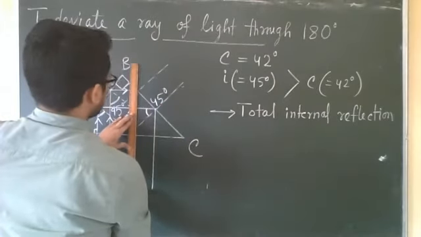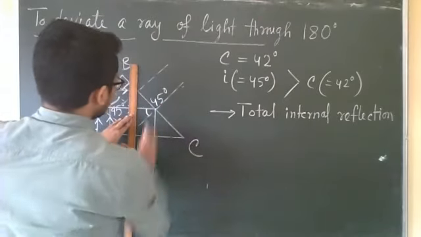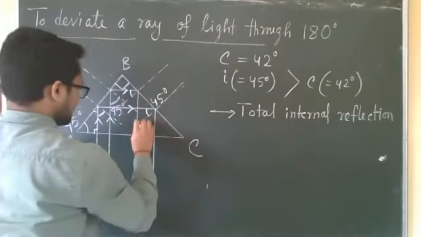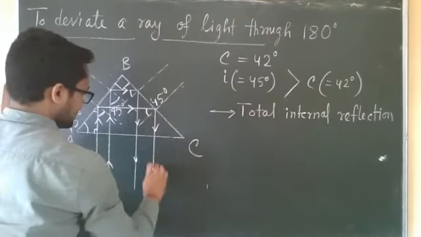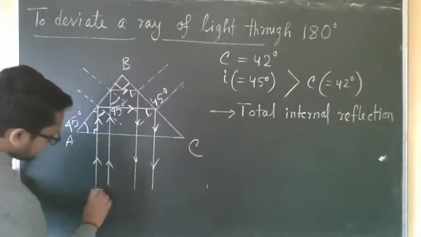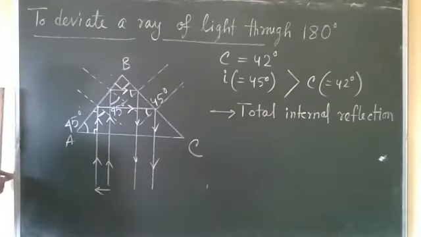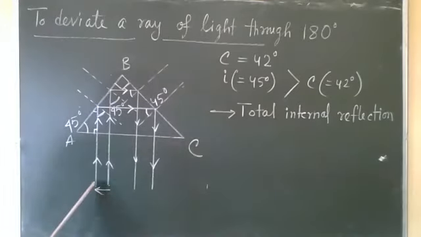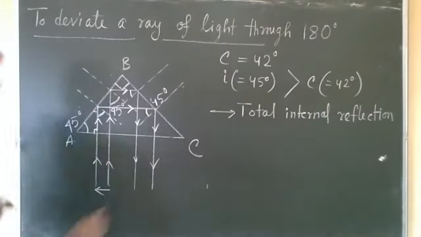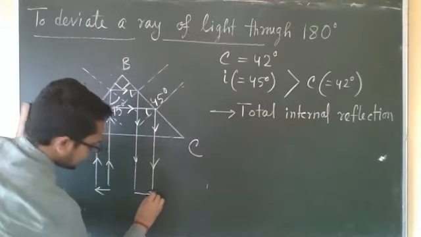At surface AC it will come back and be incident along the normal, and it will go out without any deviation. So if the object is like this, this line is for the arrow part, and the image will be like this.